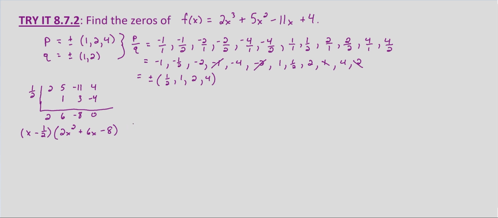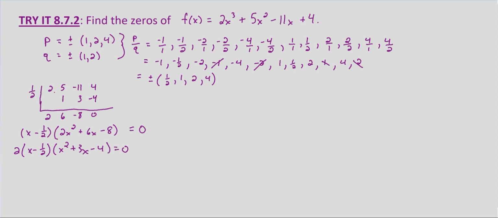So we set this equal to 0, and then we'll factor this quadratic. So we should recognize that we can factor out a 2 right off the bat. So let's just put that 2 out front. So 2 times x minus 1/2 times x squared plus 3x minus 4.